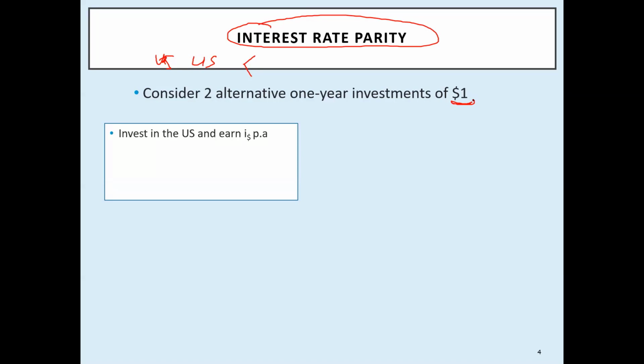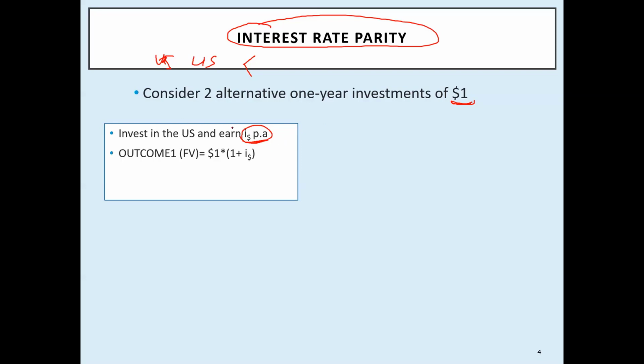I could invest in my home country, and I will earn the interest rate in that country, okay? So in this case, I'm going to take my money and buy a US Treasury bond for a year, okay? If I do so throughout the year, I would be earning the interest rate prevailing in the US market, okay?